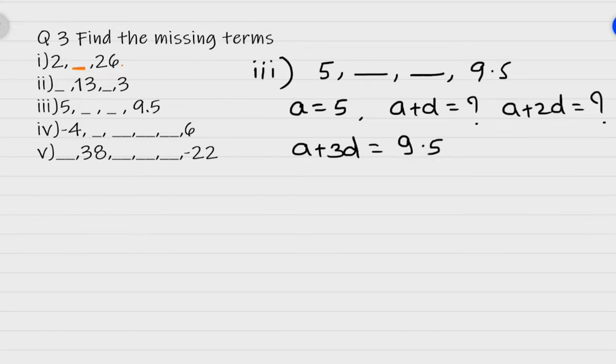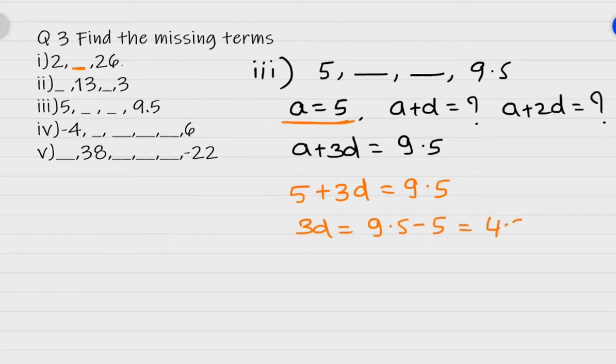Now see, A is equal to 5. Just put the value of A here. So 5 plus 3D will give you 9.5. So 3D will be equal to 9.5 minus 5. That will be equal to how much? 9 minus 5 is 4, so 4.5.